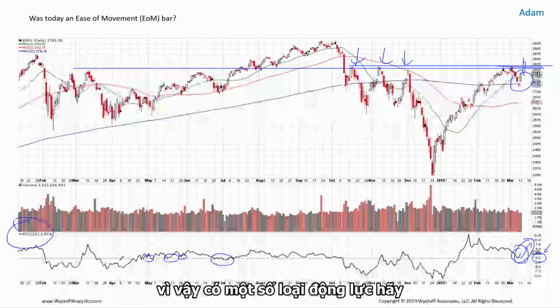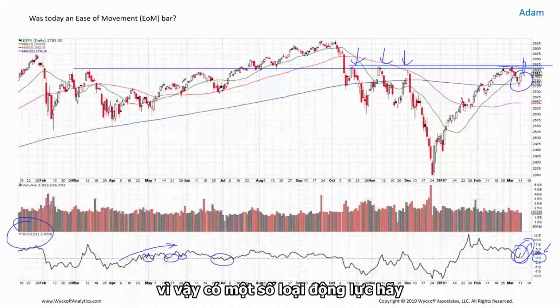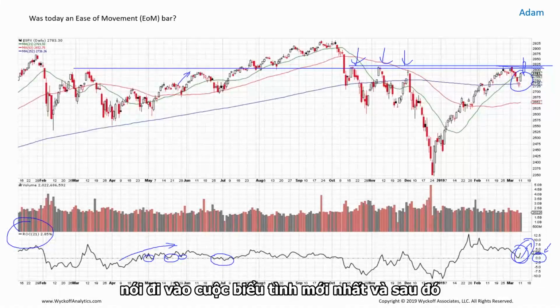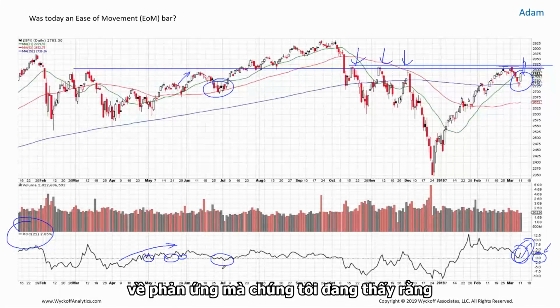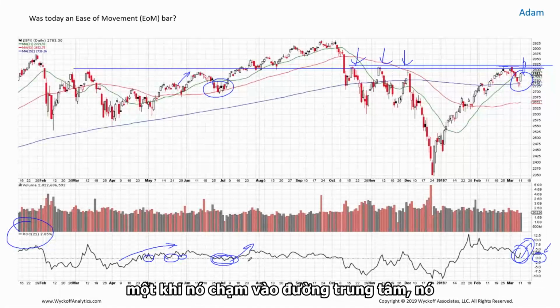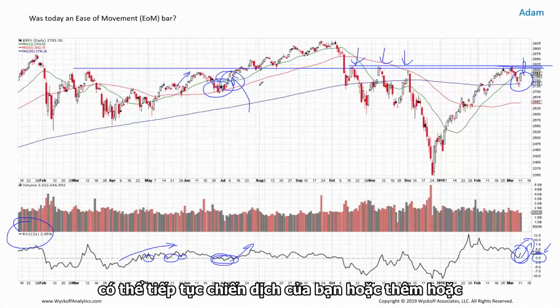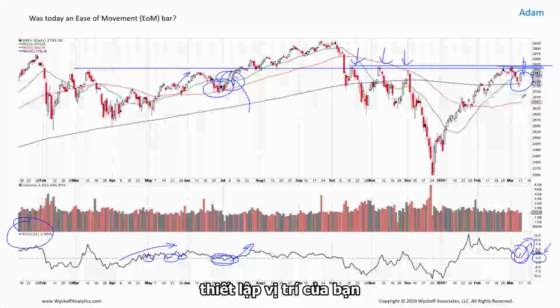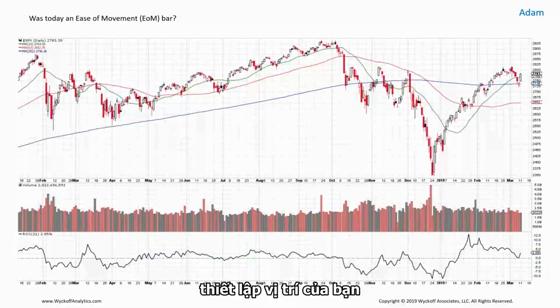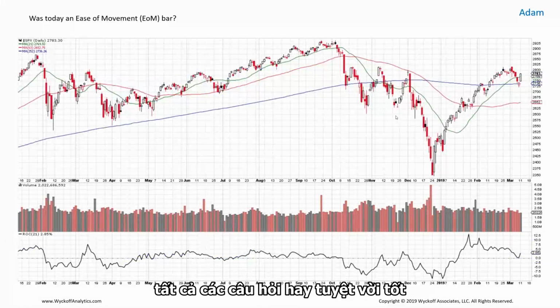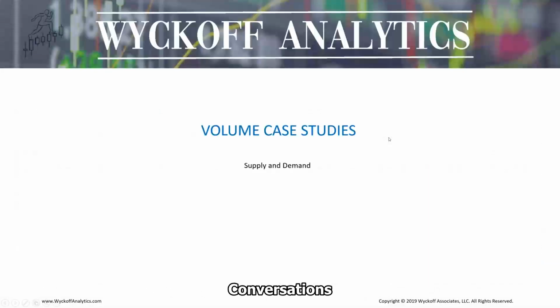There is some kind of momentum going into the latest rally, and then on the reaction, we're seeing that once it touches the center line, it recovers. So somewhere here, you could continue your campaign or add or establish a new position. All right, great. Good questions, good conversations.